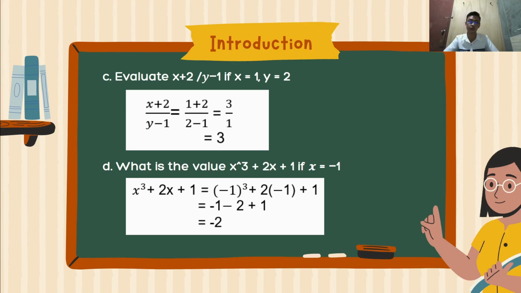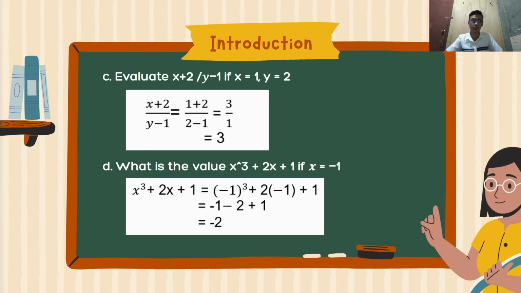Let's go first to the numerator. 1 plus 2 is equal to 3, and the denominator 2 minus 1 is 1. All right, so the answer is 3 over 1 or 3. Okay, I hope you get it.